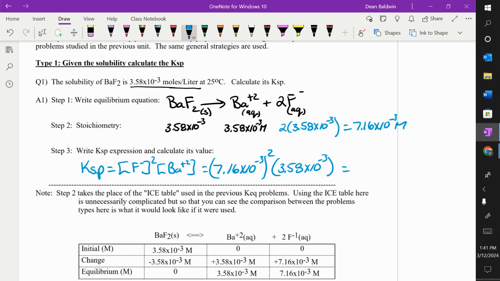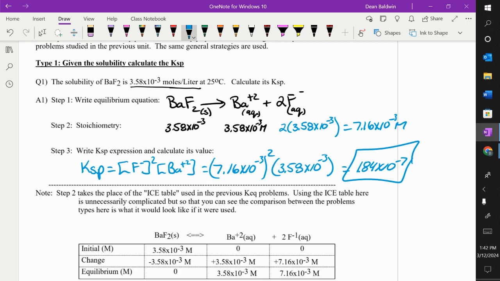So if you punch that in your calculator, you should get, hopefully, 1.84 times 10 to the minus 7. Does that make sense?